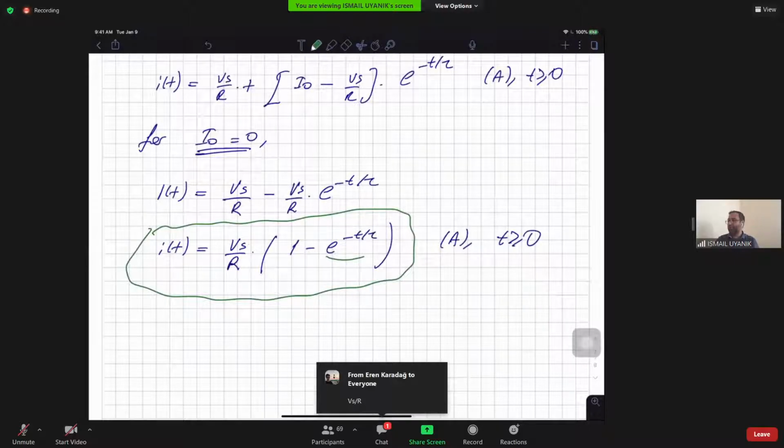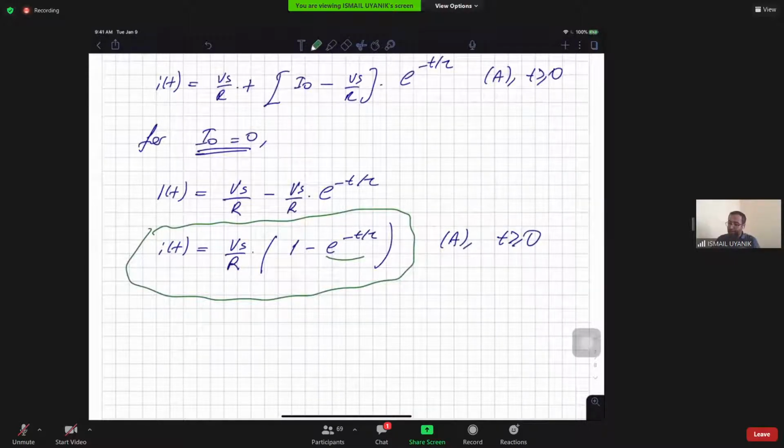Let's just make sure: at t equal to 0, this thing is 1, so this whole term becomes 0 and the current starts from 0. So the initial current is 0.